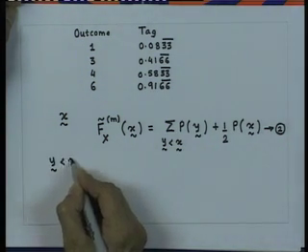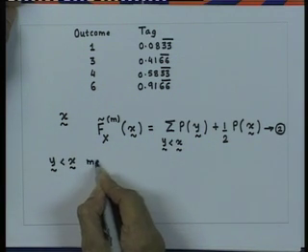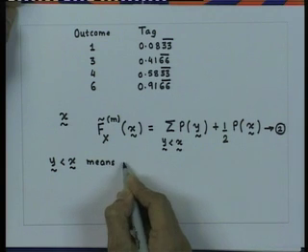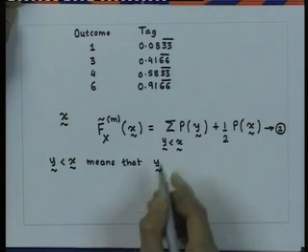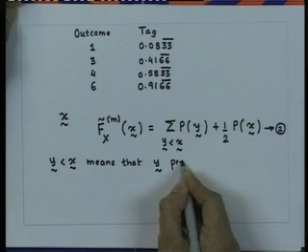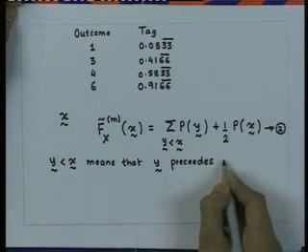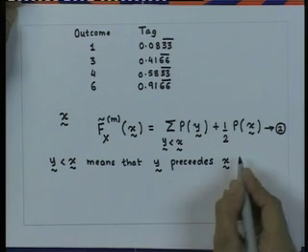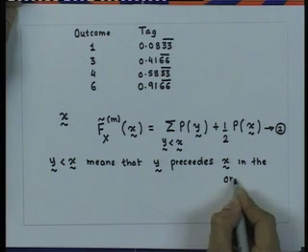Y less than x means that sequence y precedes sequence x in the ordering.